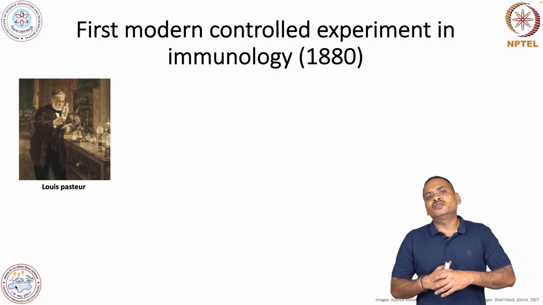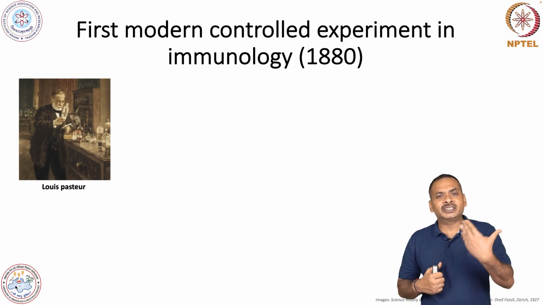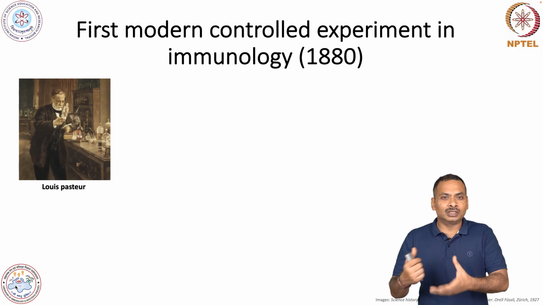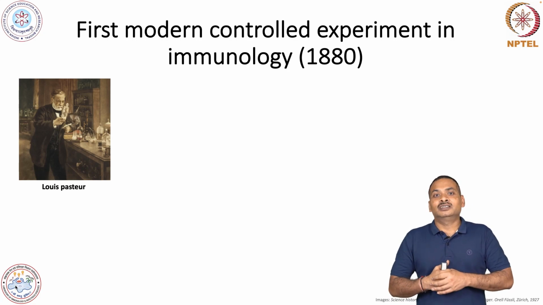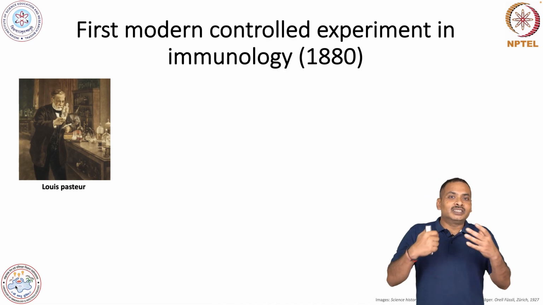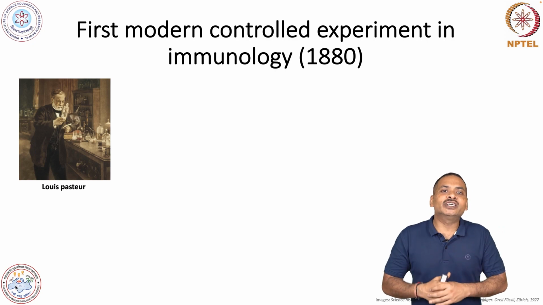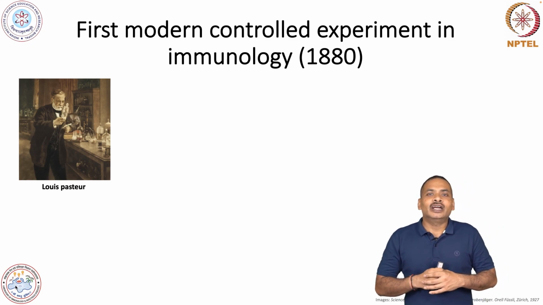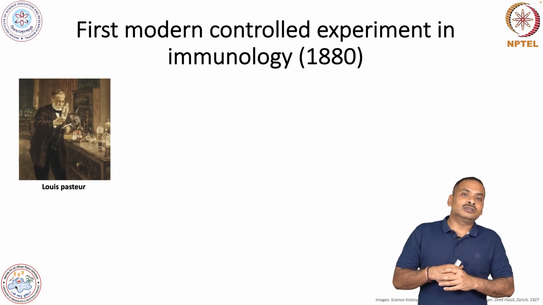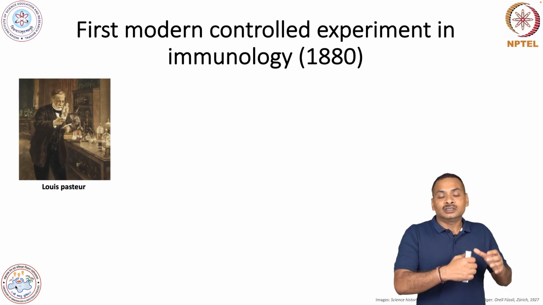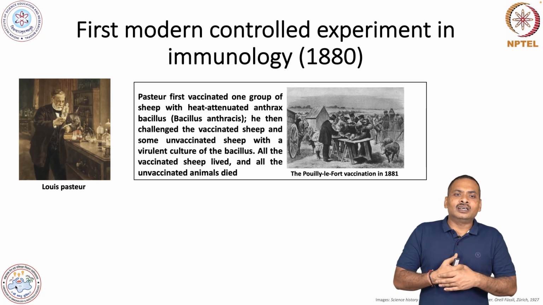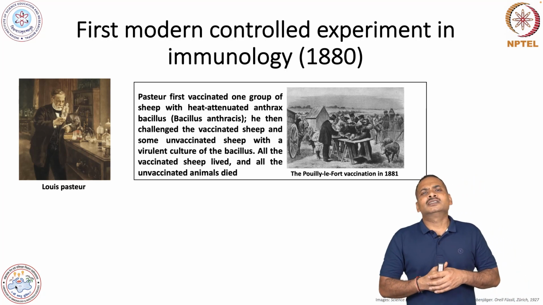Then he inoculated fresh cholera bacillus to those chickens in order to develop the disease. But interestingly, they did not develop the disease. From that point, the concept of attenuation came up. Attenuation means inactivation, and this inactivation results in protection from virulent pathogen.